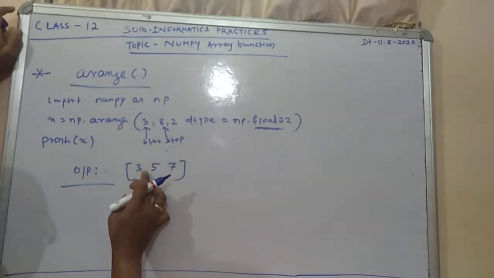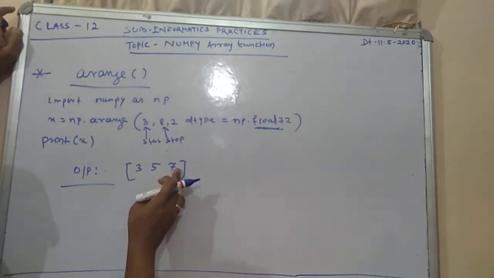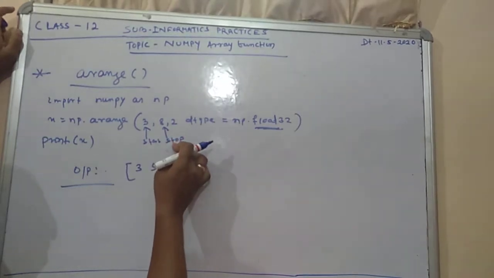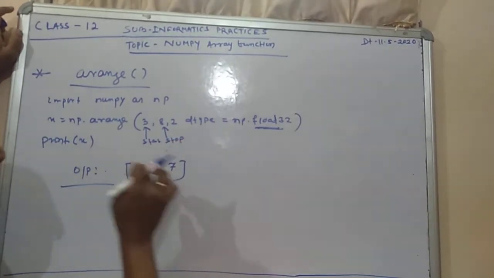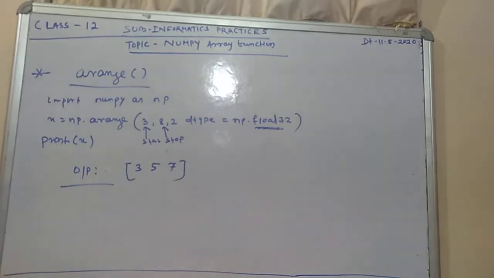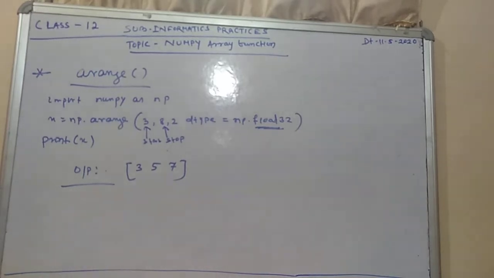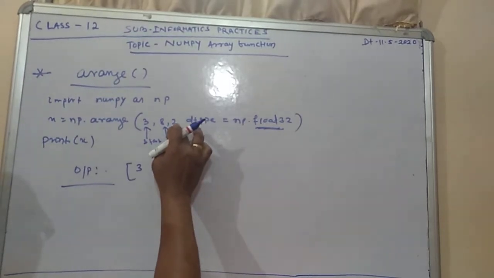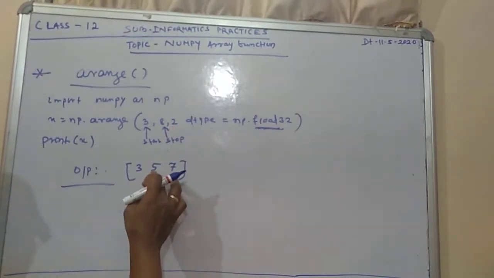So 3 plus 2, 5. 5 plus 2, 7. Now 8 will not be printed because 8 is the stop point. Before that it will start. And one more thing, float32 shows a decimal value. Also it is called the step. It will go ahead in steps of 2.